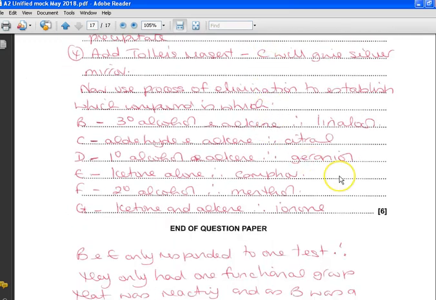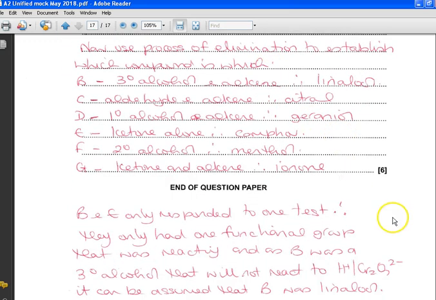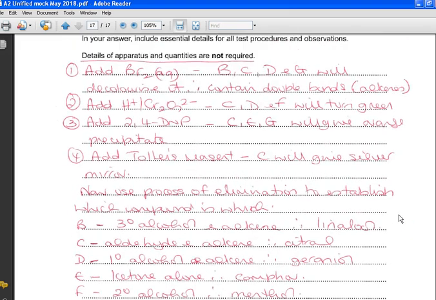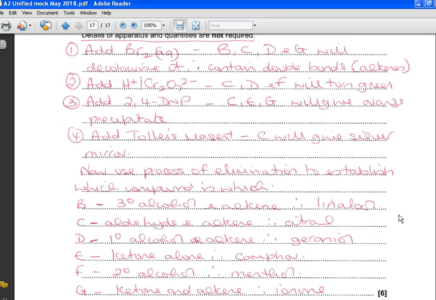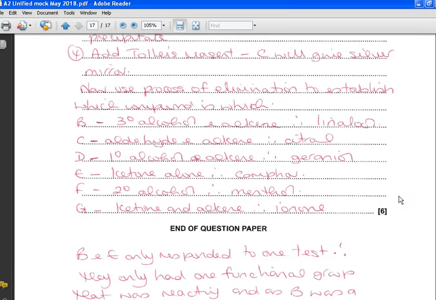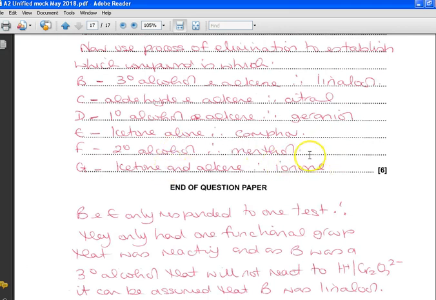So you can see that by process of elimination you can work out those 6 compounds from those different tests, but you've got to be methodical in the way that you write it down, how you're going to approach the test, and how you're then going to show that you've identified them.